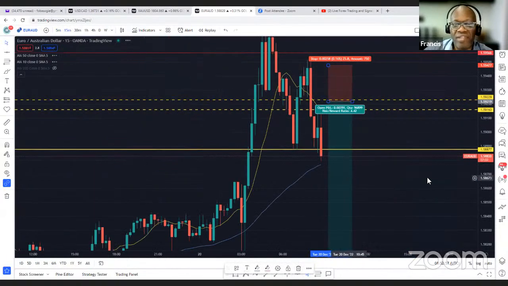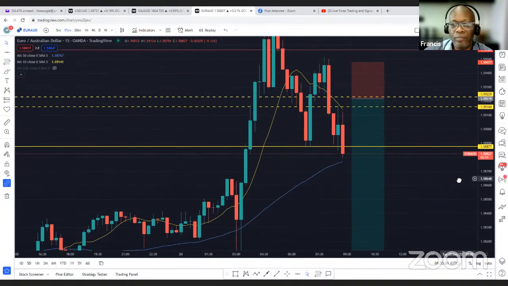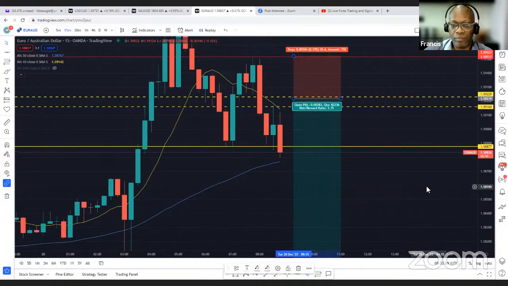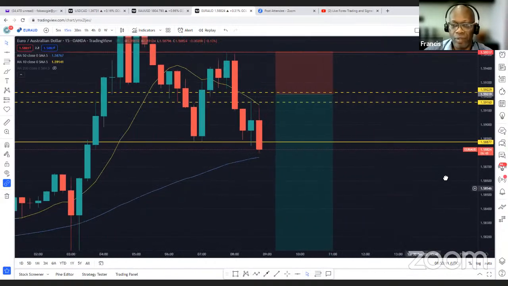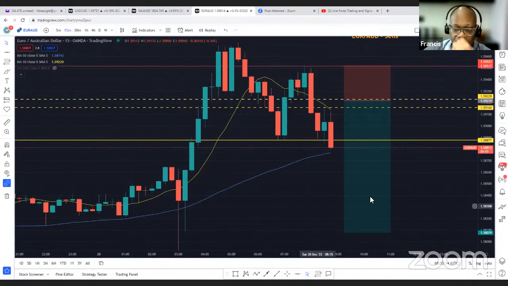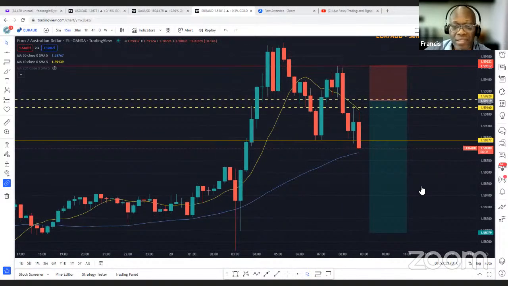Let's now check the 15-minute time frame. Okay, looking at our position box, that's a risk to reward of about 3 to 3.5. We don't have to go for that much. That's a bit much.